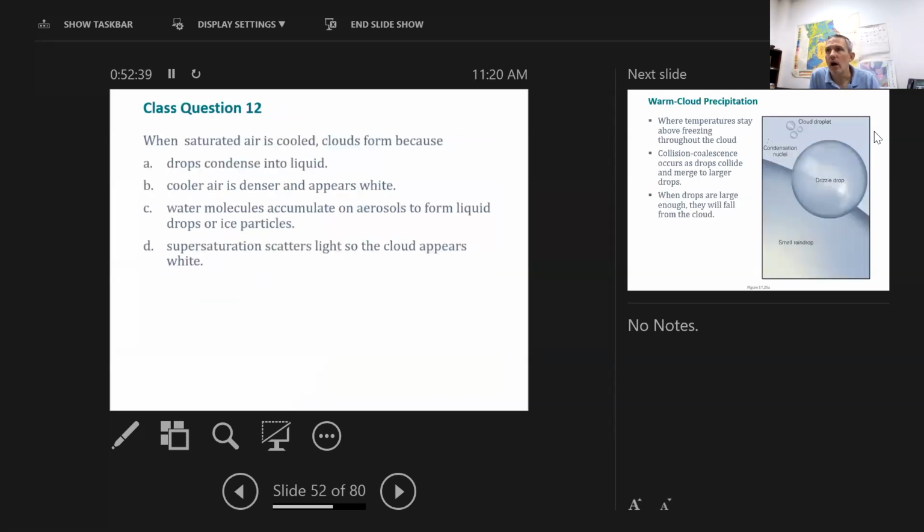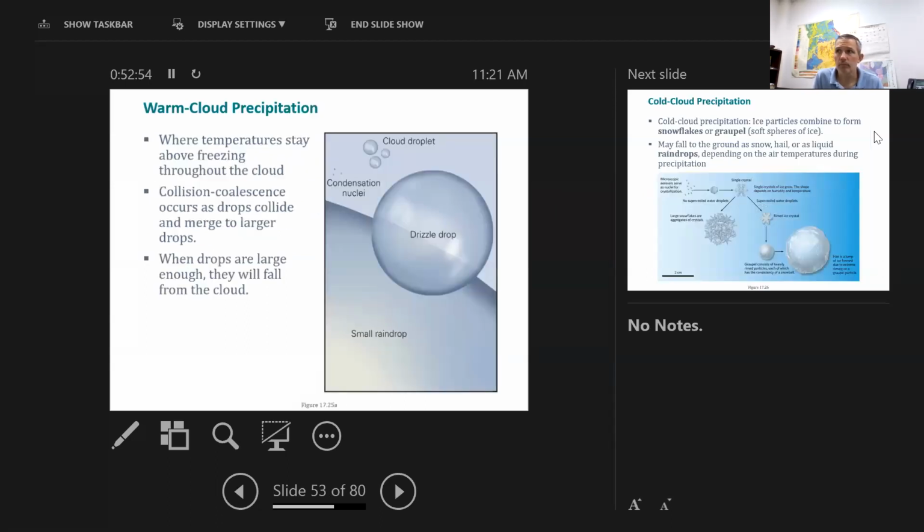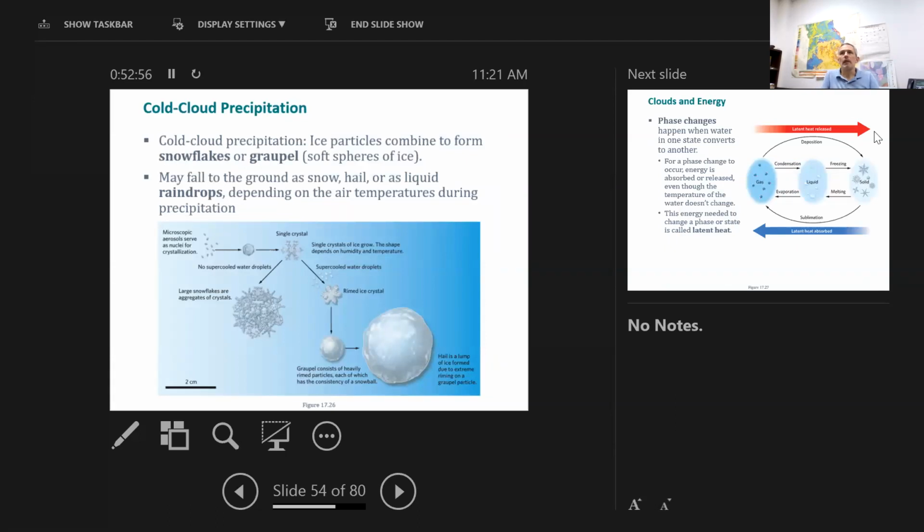So when saturated air is cooled, clouds form because water molecules accumulate on the aerosols to form water drops or ice particles. Now, when we start dealing with cold clouds, we have the same thing happening, but in this case, we're building crystals instead of liquids.